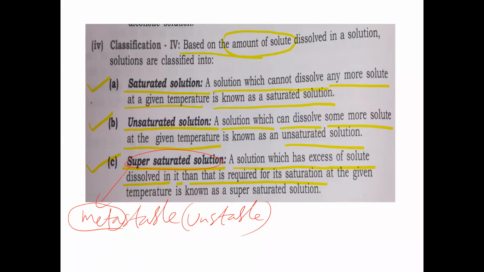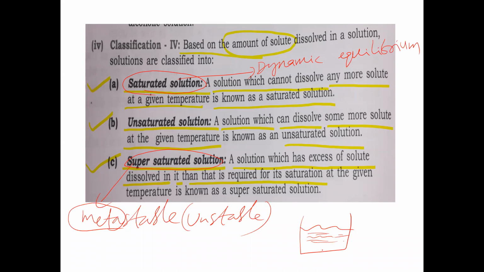Is that clear? Now, one more thing you have to remember is that in a saturated solution, there will be a dynamic equilibrium. Suppose we take a vessel, and in this vessel there is a solution.